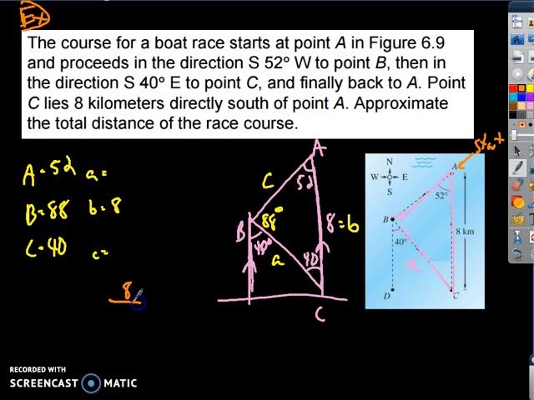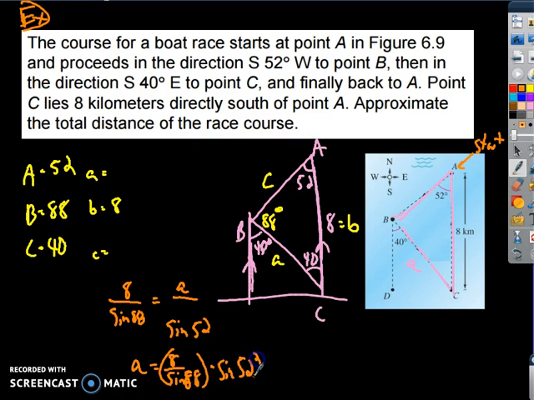So if I was using law of sines, I could say that 8 over sine of 88 should equal, let's say we're going to find A, lowercase a over sine of 52. You do the math, cross multiply. Lowercase a equals 8 over sine of 88 times sine 52 degrees.